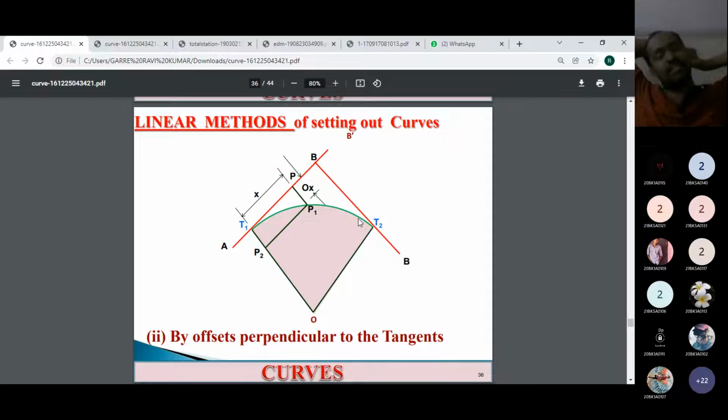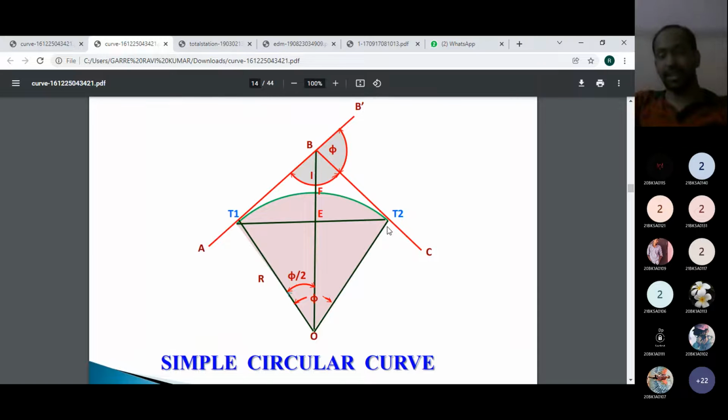One more method is there. In that case, first of all we will decide T1 and T2 on both the tangents or both the straights, and then we will draw a straight line from T1 to T2. You can see here, that straight line from T1 to T2 will act as the length of the long chord of the curve.